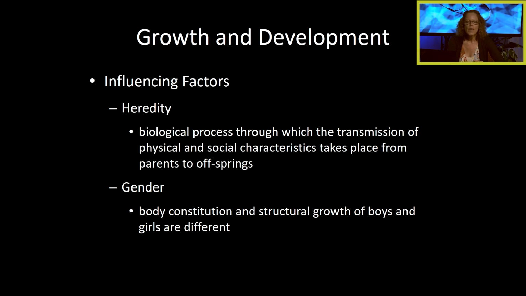We know that we can have a parent maybe who has blonde hair and blue eyes, and then the child can also inherit that blonde hair and blue eyes from the parent. We also know that even certain types of personality traits can be inherited by children from their parents.